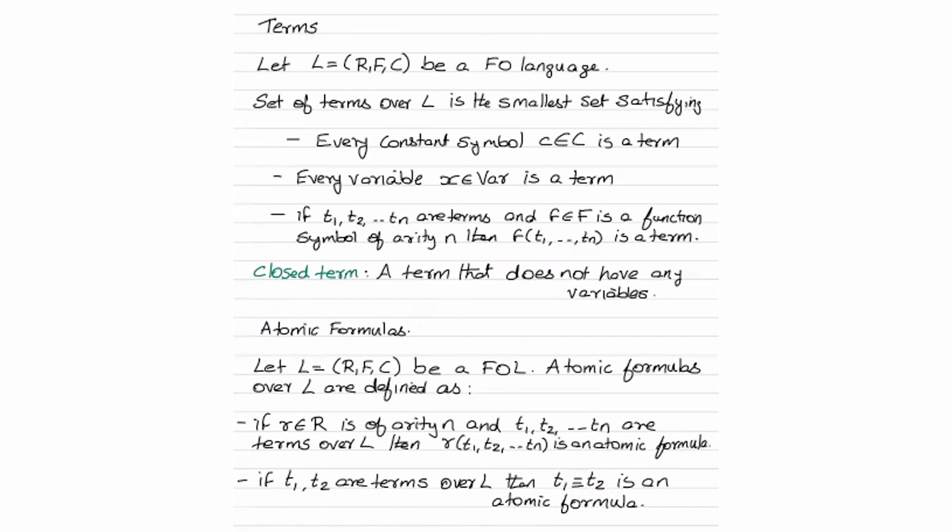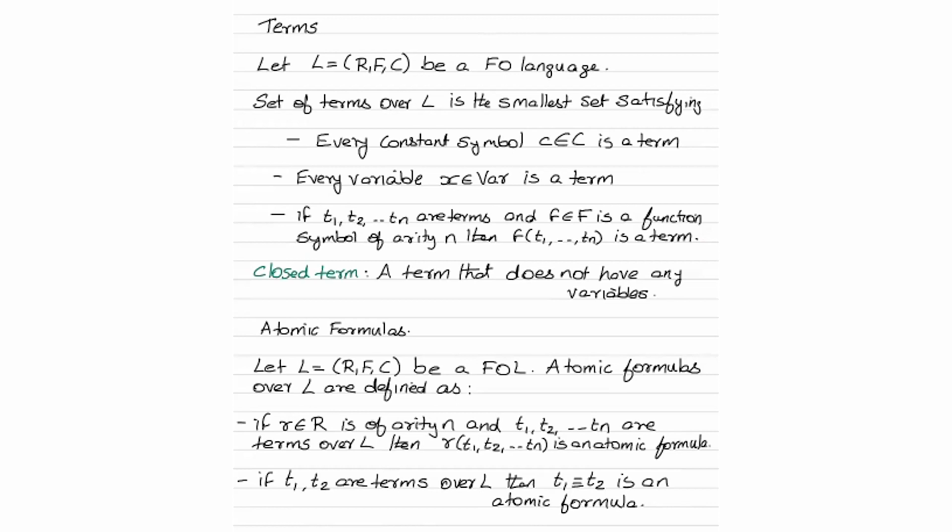So if equality is there, then this is an atomic formula. Otherwise, it's not. At the moment, I'm just including it. All right. So terms consist of constants, variables, and function applications. And atomic formulas, you take terms, and then you can also have application of relations, and this equality.